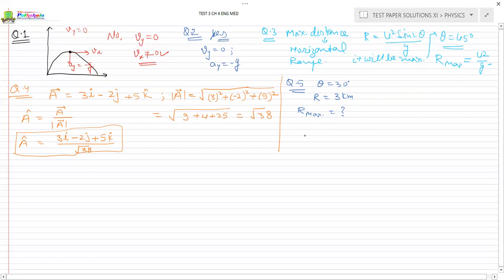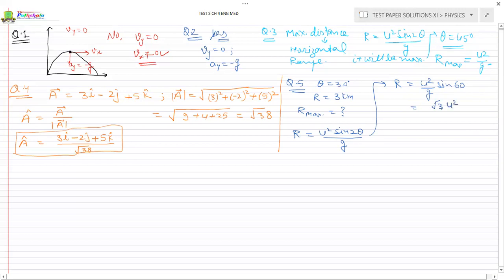So first we will use the formula for the horizontal range. R is equal to U square sine 2 theta upon G. Putting the values, what do you get? R is equal to U square upon G times sine 2 theta, which means sine 60, since theta is given as 30. Sine 60 is root 3 by 2.